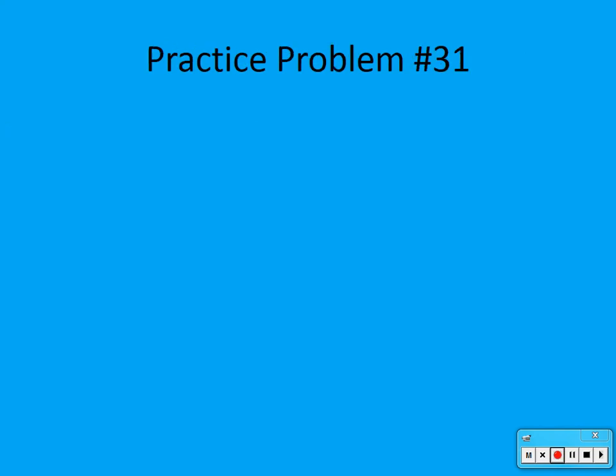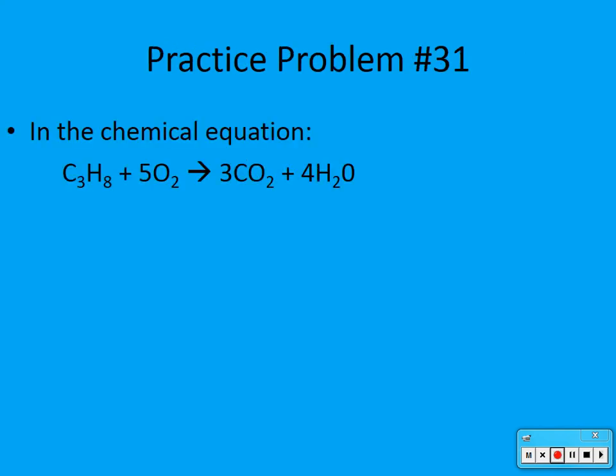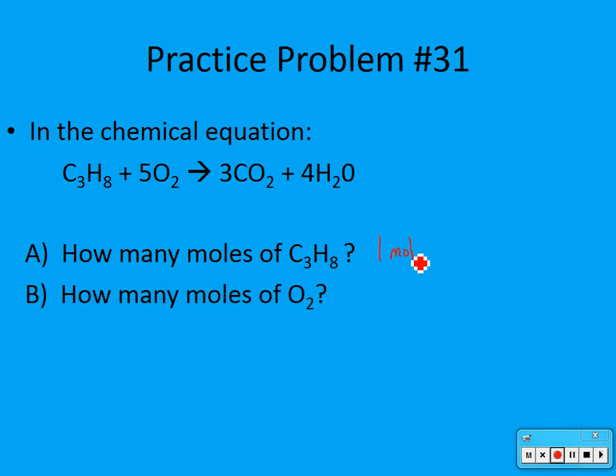Okay, practice problem number 31. It says, in this chemical equation, how many moles of C3H8 would we have? Well, let's just look at the coefficient here. There's no coefficient. But in chemistry, a 1 is understood. So we have 1 mole of C3H8. Okay, part B, how many moles of O2 do we have?